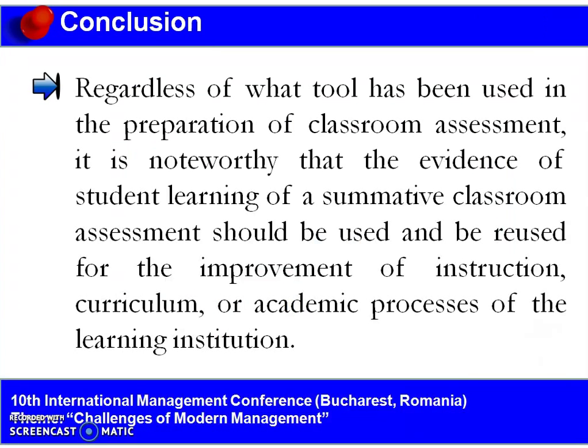In view of the discussion in this session, I would say that regardless of what tool has been used in the preparation of classroom assessment, it is noteworthy that the evidence of student learning of a summative classroom assessment should be used and reused for the improvement of instruction, curriculum, or academic processes of the learning institution.